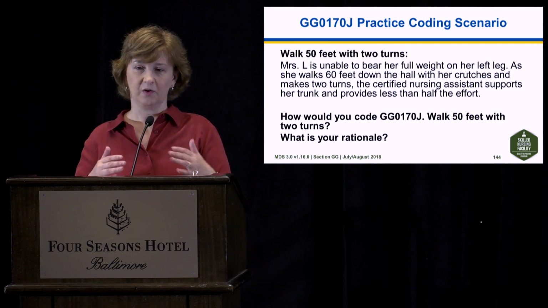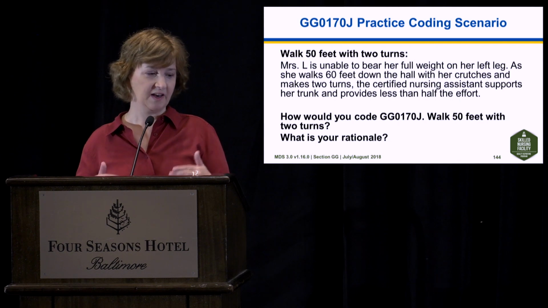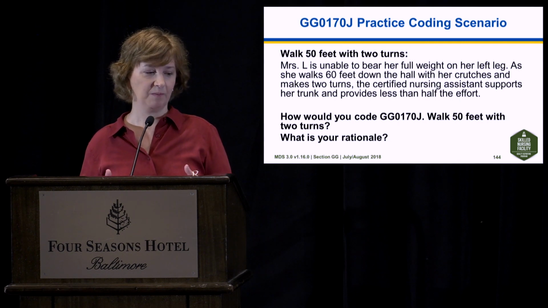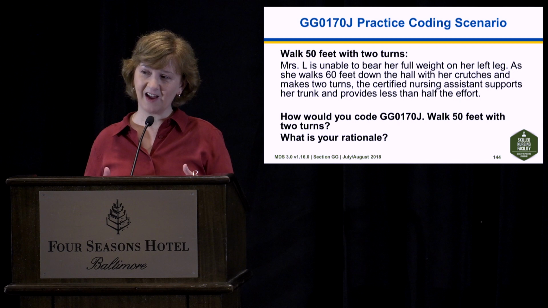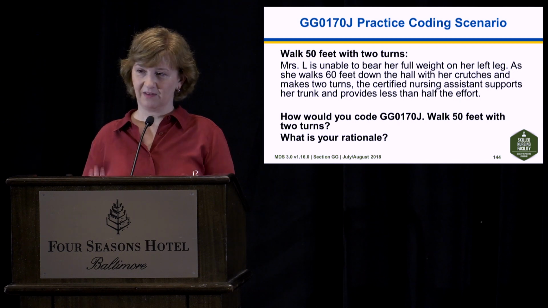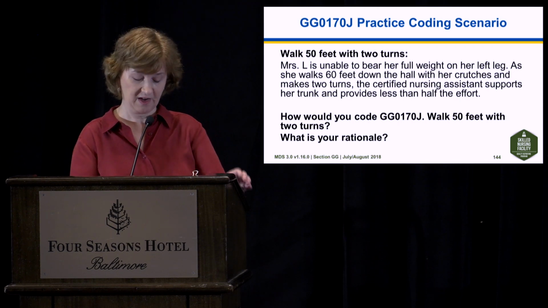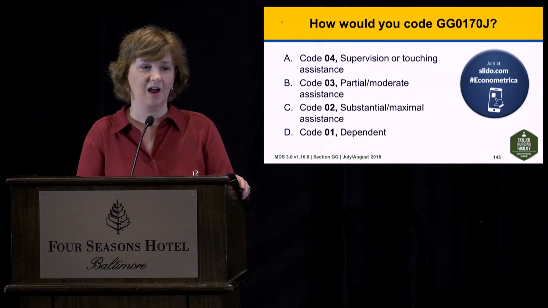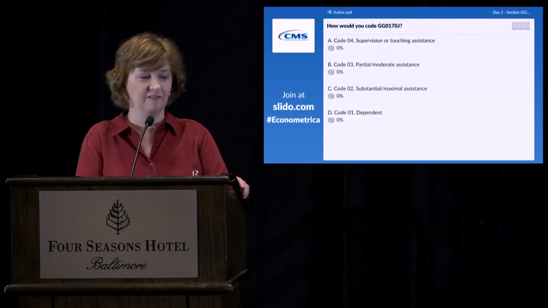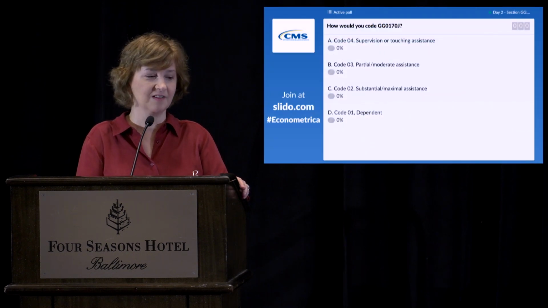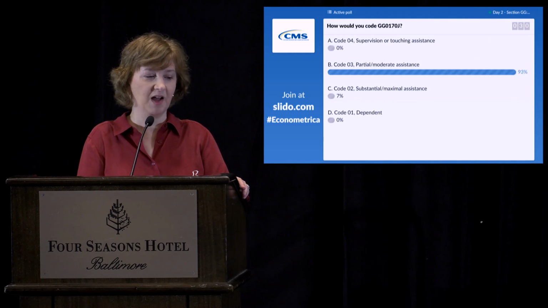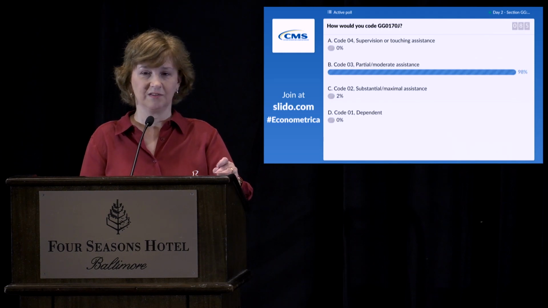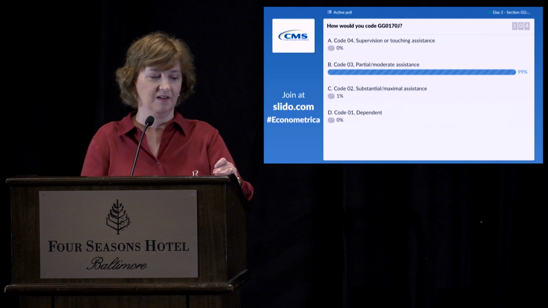And so it's either a 3, 2, or 1, and in this case it says that the helper provides less than half of the effort, and so that means the resident is performing more than half of the effort, and so the options for you to code are 4, supervision touching assistance, 3, partial moderate assistance, 2, substantial maximal assistance, and 1, dependent.